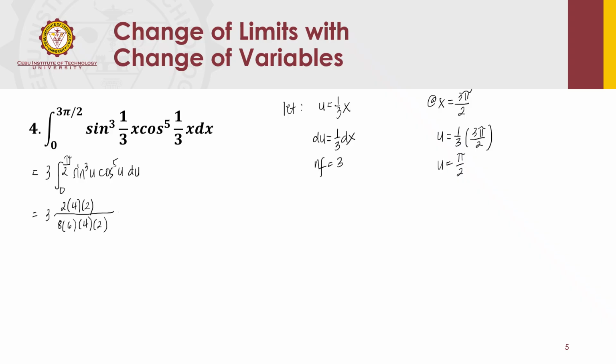And since the powers are odd numbers, the value of alpha is 1. Okay, so we can just cancel out the common factors here. So we have 2 and 4, and then for 3 and 6. So this becomes 2, and for 2 and 8, this becomes 4. So we have 1 over 8. 4 times 2 is 8.